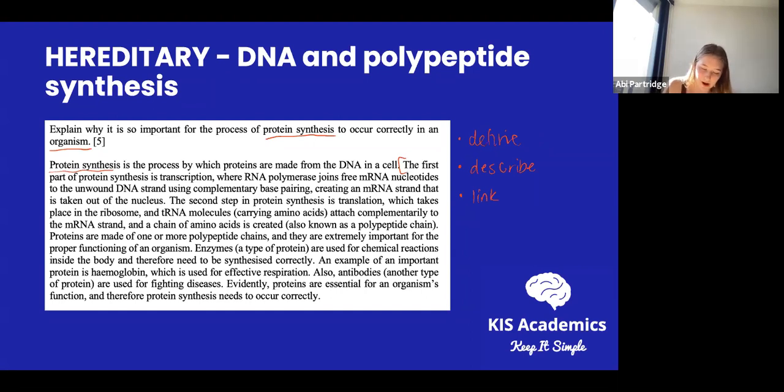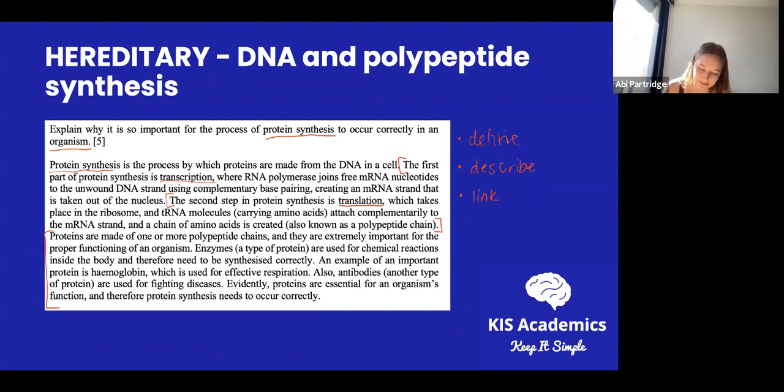So we've got the first part of protein synthesis, which is transcription. And then we've got a second sentence about the second step, which is translation. And that ends over here. And then this whole part down here is linking it back to why protein synthesis is important.